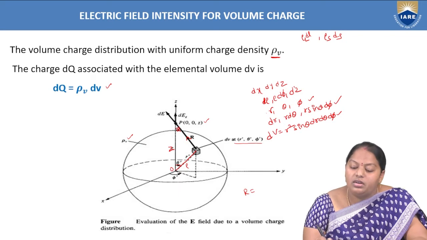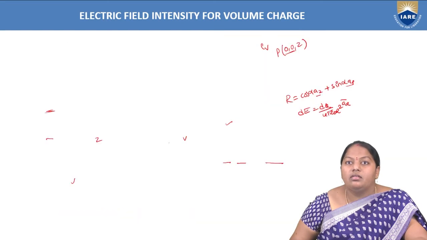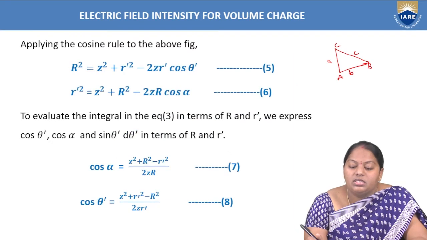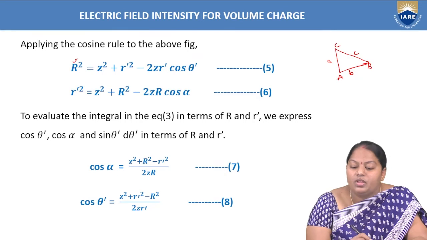Now from the origin to this cubical object, this distance is given by r dash. So if we consider this as the triangle, from the triangle we write the cosine rules. Applying the first cosine rule to the above figure, r square equal to z square plus r dash square minus 2zr dash cos theta dash.